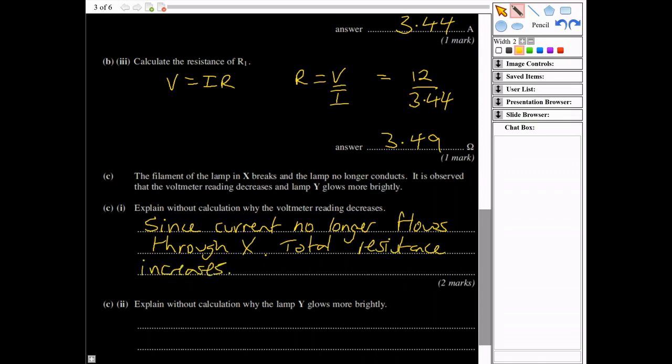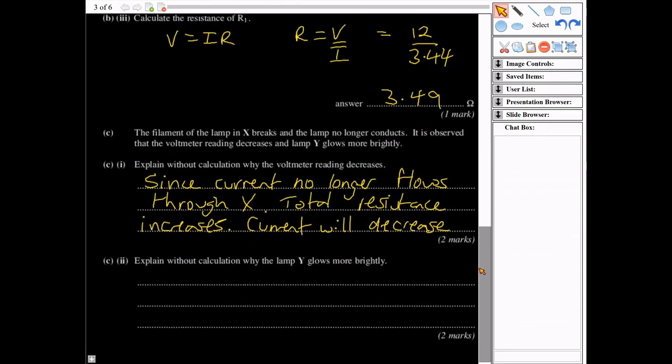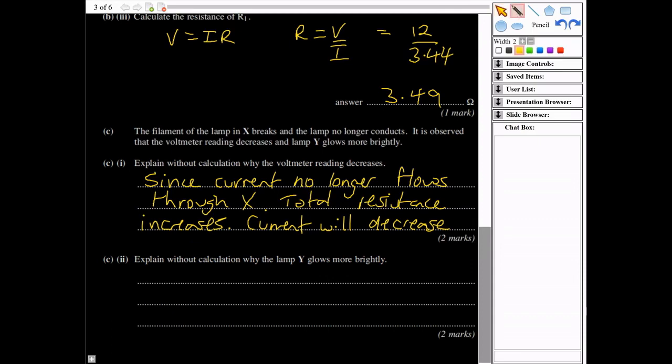Since the resistance increases, that would mean the current will decrease, and then here, since the resistance of this is the same, V is equal to IR. If the resistance is the same, the current is decreased, the voltage will decrease. V is equal to IR, so V decreases.